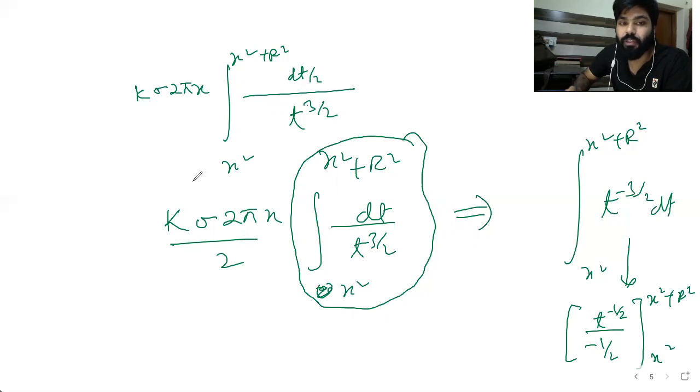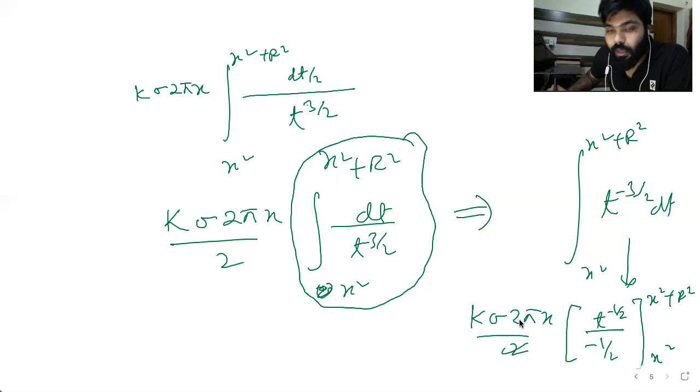And the expression outside the integration was k times sigma times 2 pi times x over 2, cancel 2 from 2. And now you can also put this outside the box because this is also constant.